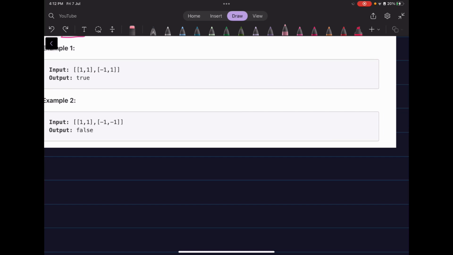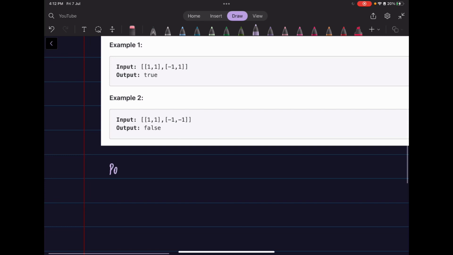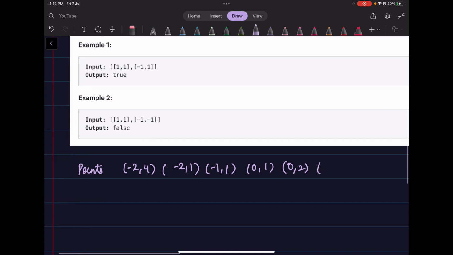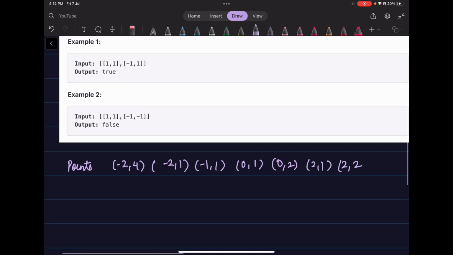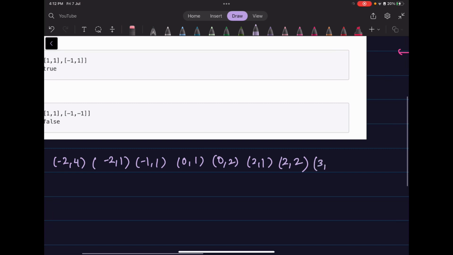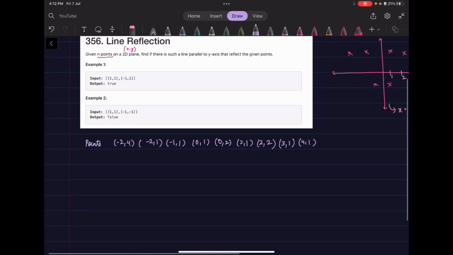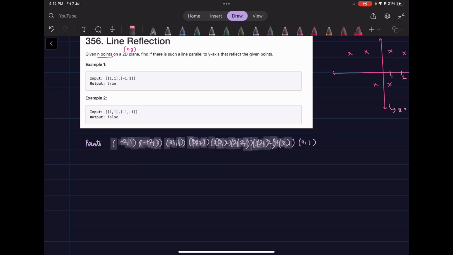Let's say the points given to us are minus 2 comma 4, minus 2 comma 1, minus 1 comma 1, 0 comma 1, 0 comma 2, 2 comma 1, 2 comma 2, 3 comma 1, 4 comma 1. Okay, so these are the points. Let's ignore this point.